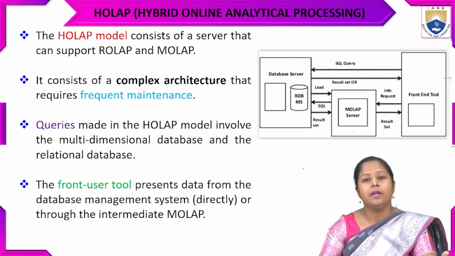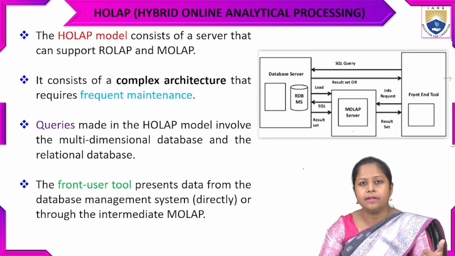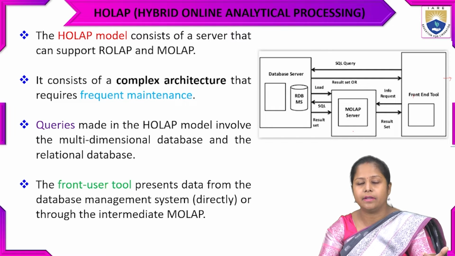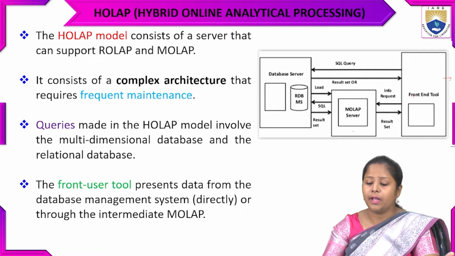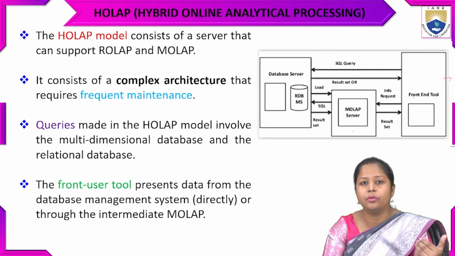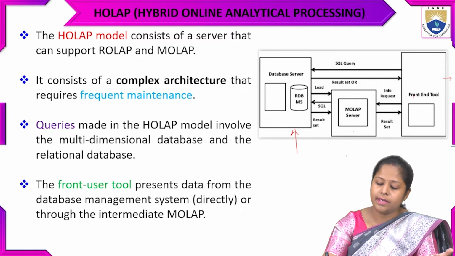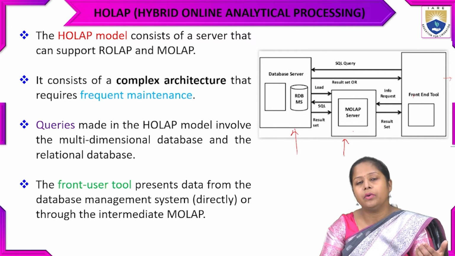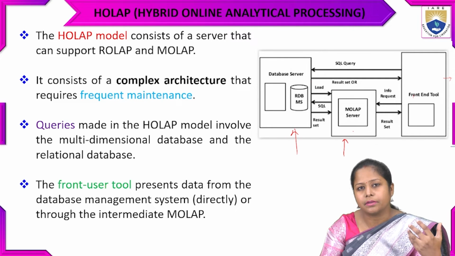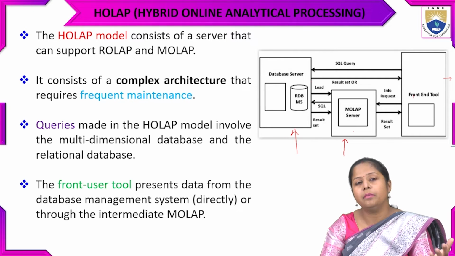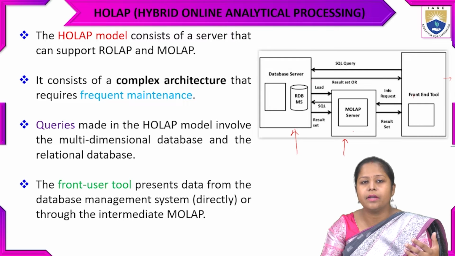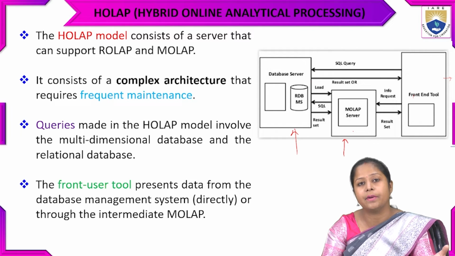It consists of a complex architecture that requires frequent maintenance, as this is going to attach two types of servers, the relational OLAP server and the multi-dimensional OLAP server. That will be more complicated when we add two servers to make a hybrid type of server.